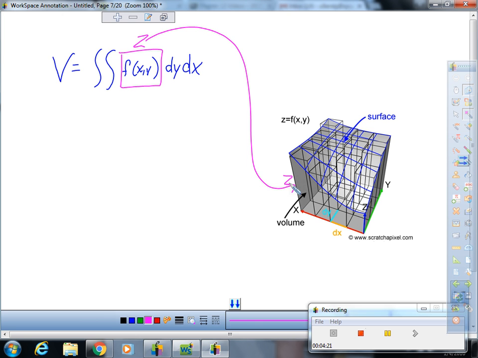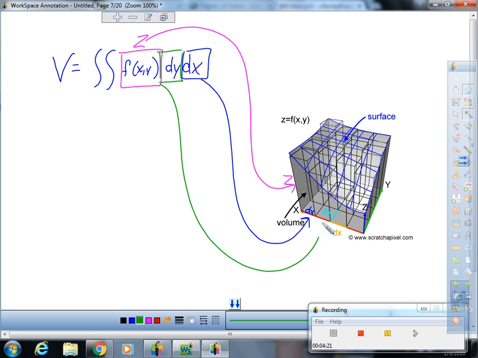Think about dx would be right here, and you can see that dy is right there. And what do integrals do? Well, this integral is kind of going to add up, that would be y equals.